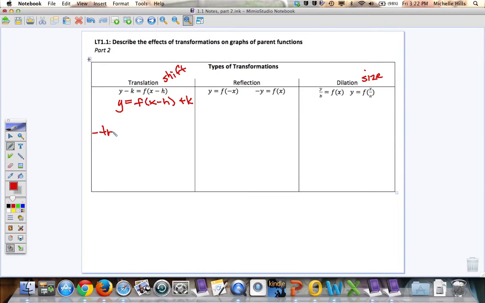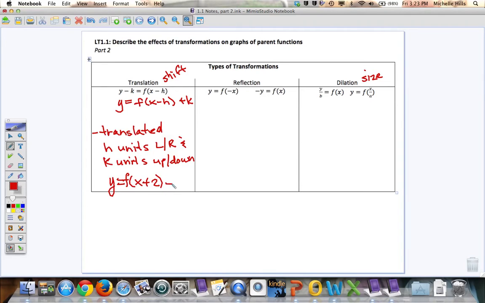So translated, which means shifted, h units left or right, and k units up or down.